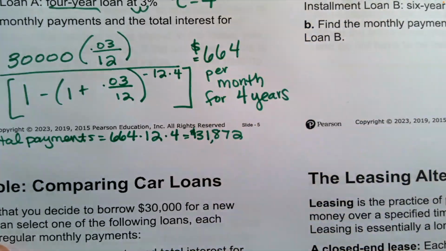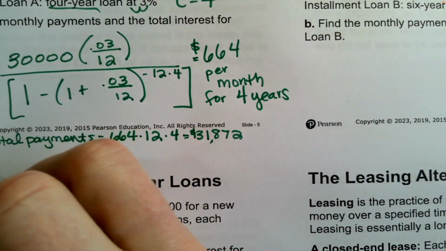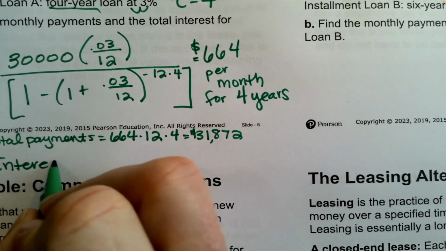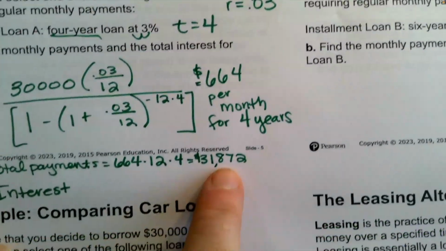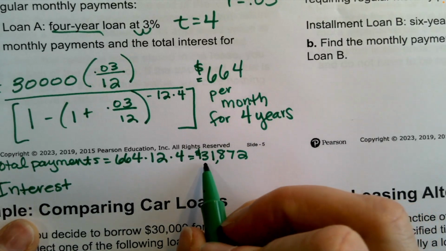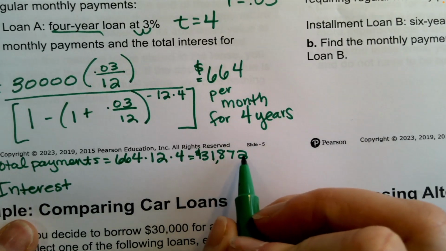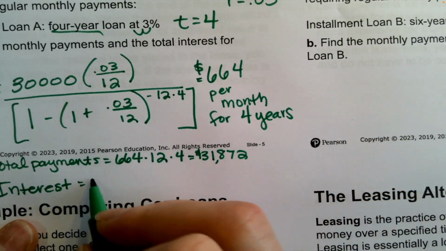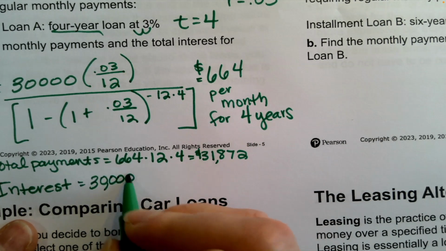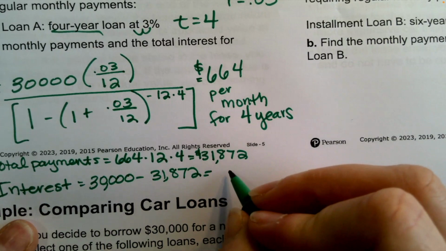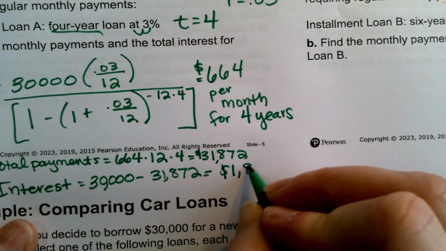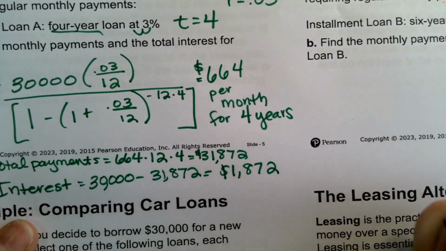To figure out how much total interest, we know principal was the loan amount of 30 grand, so we need to subtract these. 31,872 minus 30 grand is just 1,872. That's how much interest was paid.